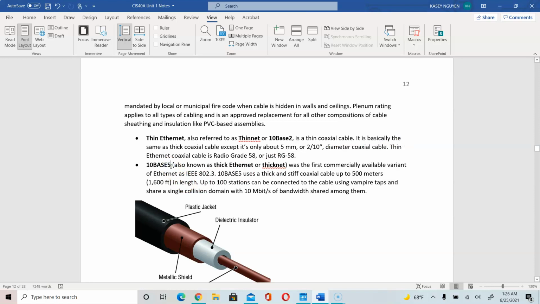The 10-base-5 is considered to be a thick net or the thick Ethernet. And as its name suggests, this would be thicker in diameter, and also you can run the coaxial up to 500 meters.